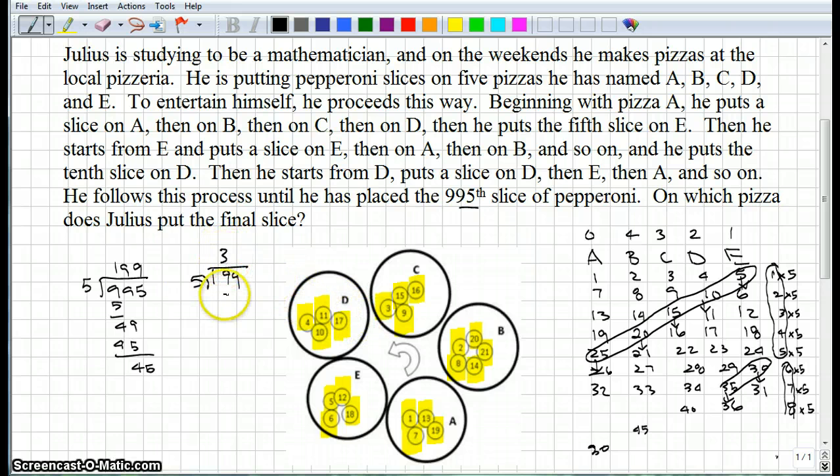So 3 times 5 is 15, and then 9 times 5 is 45, remainder of 4. So we have a remainder of 4. And the column that contains the remainder of 4 is B. So the 995th slice of pepperoni is going to be on pizza B. So our answer is B. So there you go.